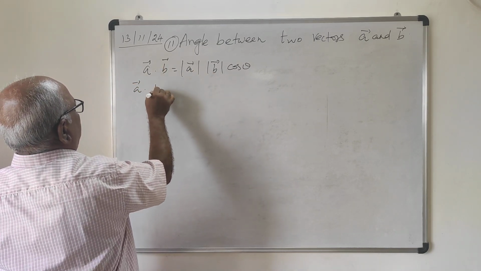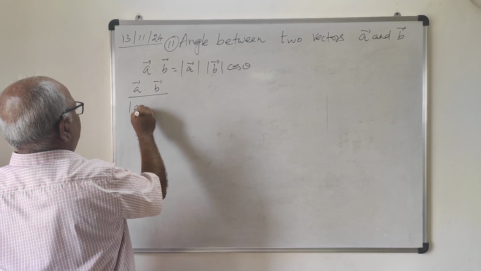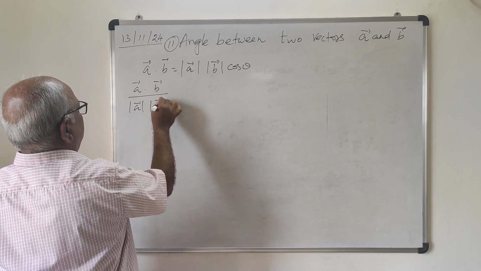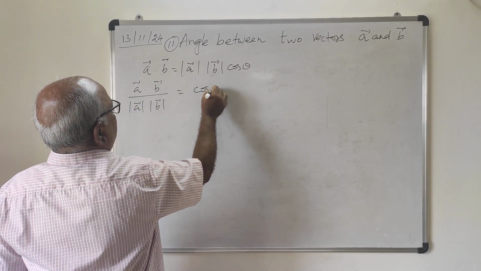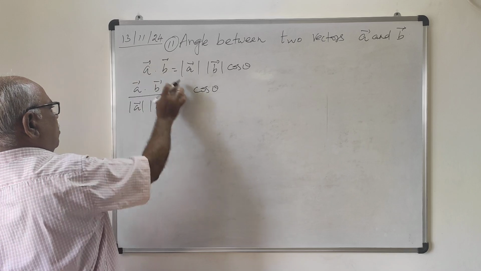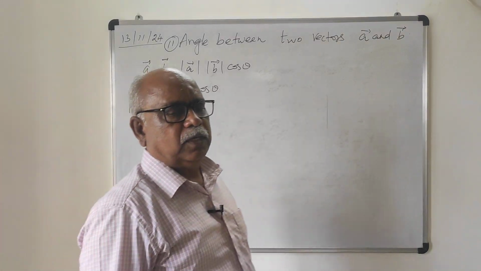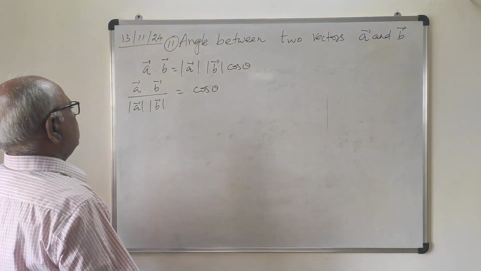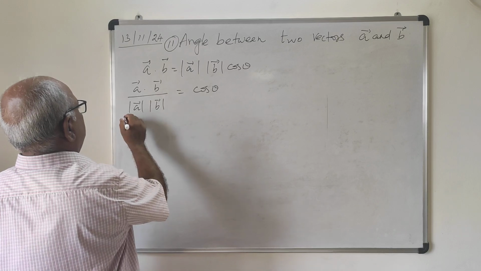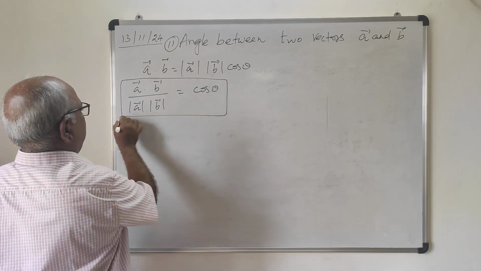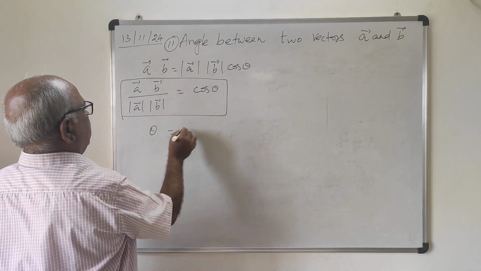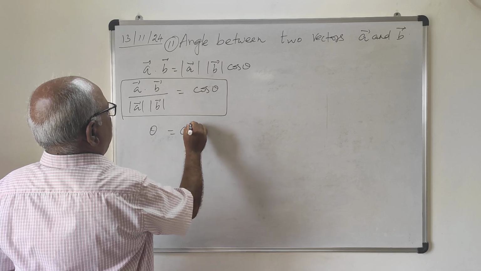It becomes A dot B by mod of A into mod of B equals cos theta. So this is the formula for finding the angle between the two vectors A and B.